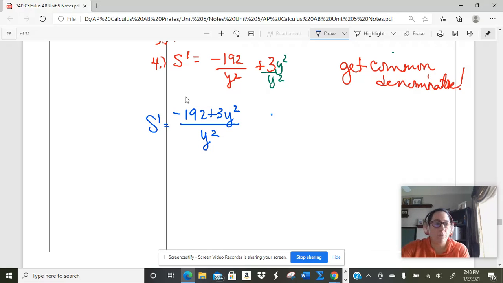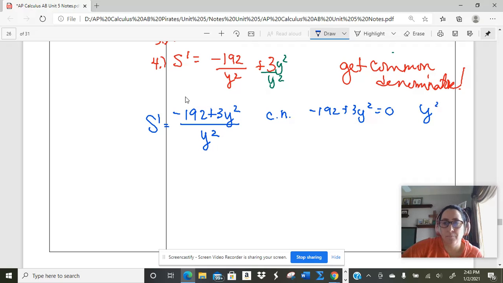So my critical numbers that I'm going to look for where the first derivative is either 0 or DNE. So I'm going to look at where this guy is equal to 0 or where this guy is equal to 0. And if you don't get this common denominator, you'll lose this a lot of times, okay? And you won't get the critical number part right.